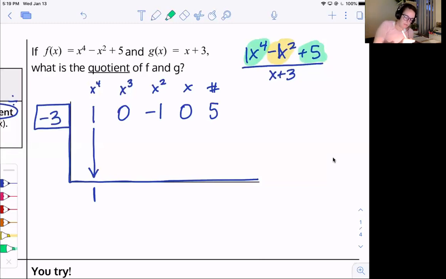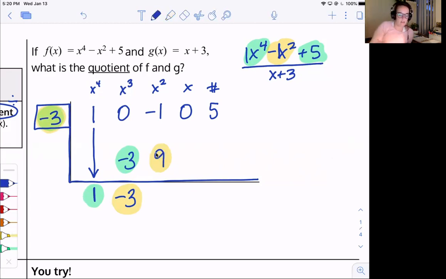I am going to multiply 1 times negative 3, and that is going to be negative 3. I'm going to do 0 plus negative 3, or 0 minus 3, is negative 3, like that. I do negative 3 times negative 3, goes right here. Negative 3 times negative 3 would be positive 9.